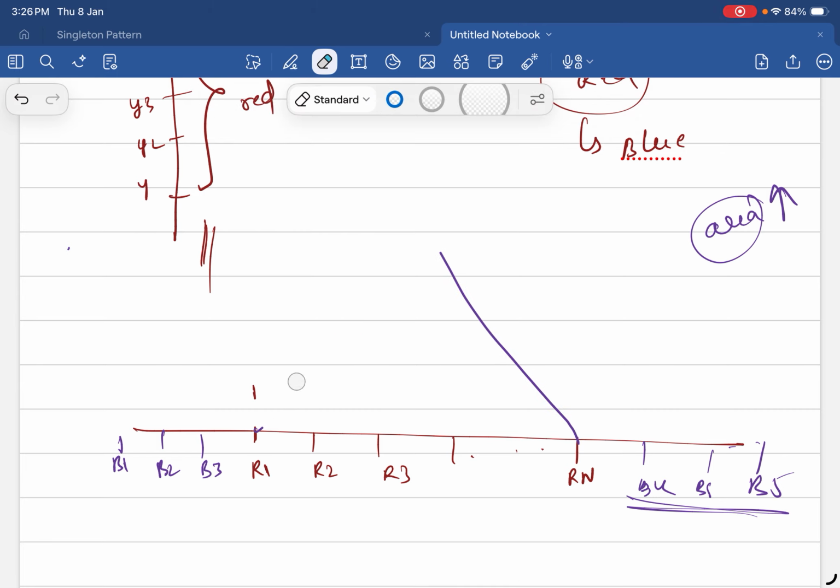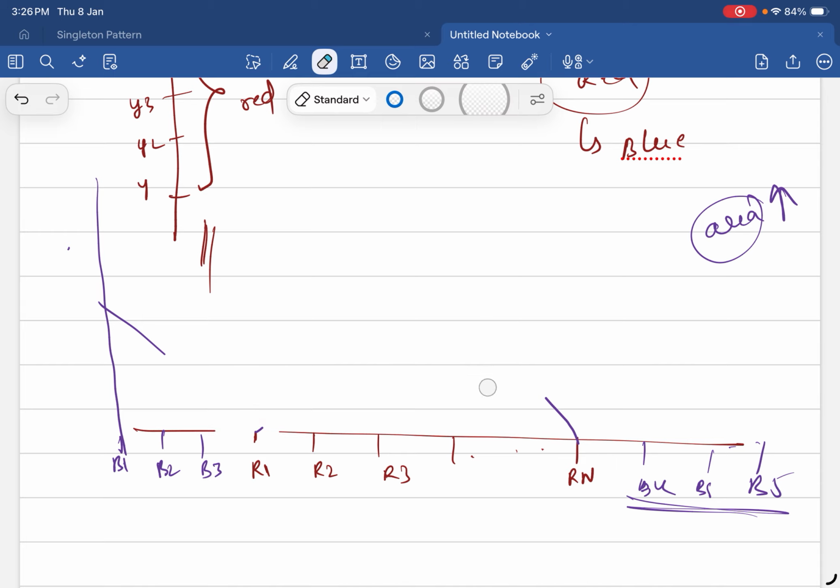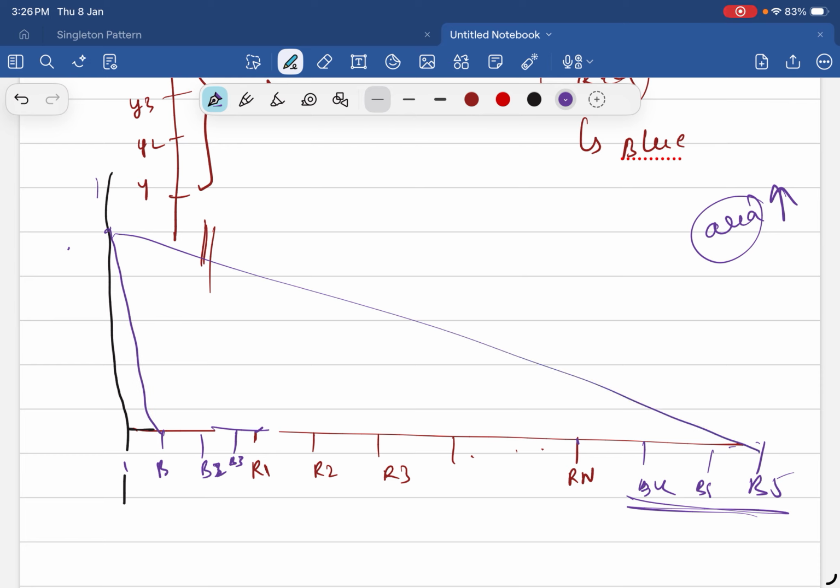Now if I have an axis something like this, and I call these b1, b2, and b3 somewhere here, then if I'm trying to maximize the area with blues, by selecting b1 over here and the last one, bn, over here, I can get the maximum area with the blues.